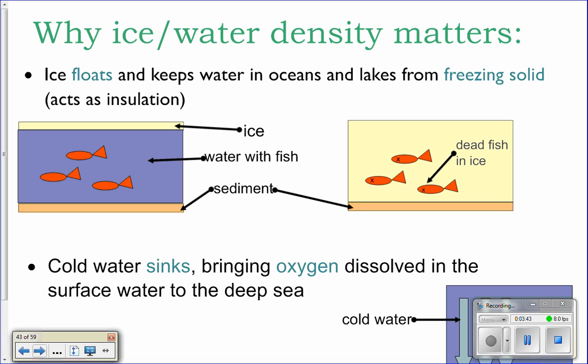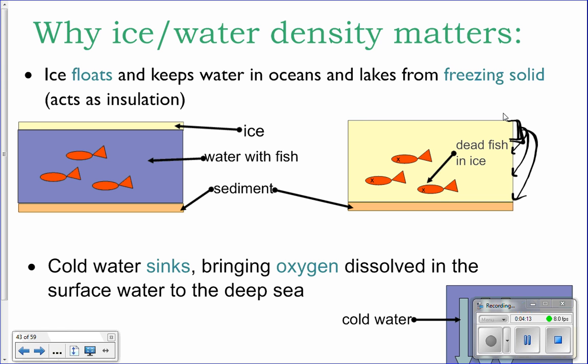If ice was more dense than liquid water, ice would form at the top of the water, and it would be more dense than the liquid water underneath, and it would sink all the way to the bottom. So you get a layer of ice that would form, and then that layer would sink to the bottom. And that would leave liquid water at the top, which then could freeze again, form another layer of ice, and sink down again, and leave more liquid water up at the top, and that would freeze and sink down.